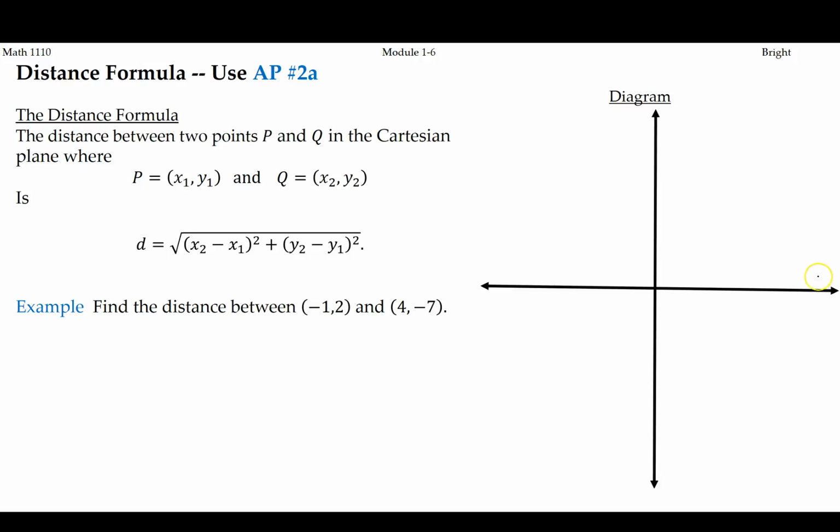So again, if I label my Cartesian coordinate system as x and y, I want to plot the points first just so I get a visual representation.